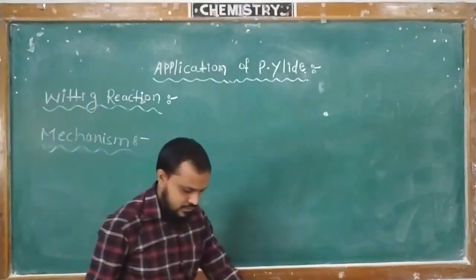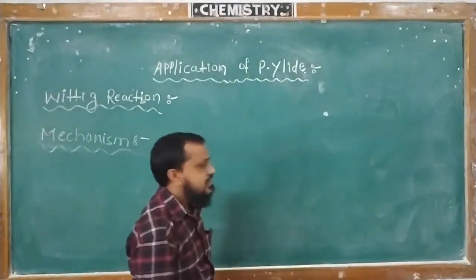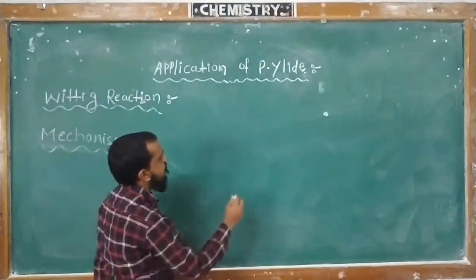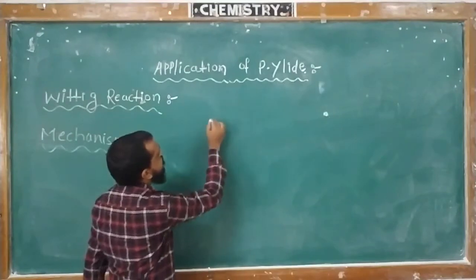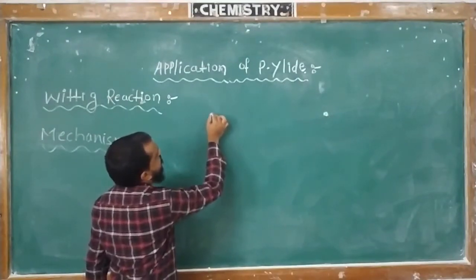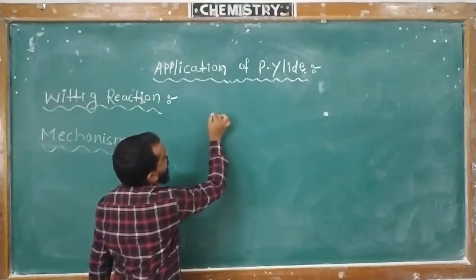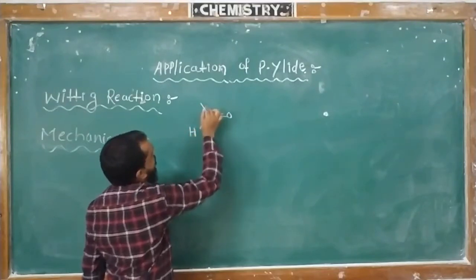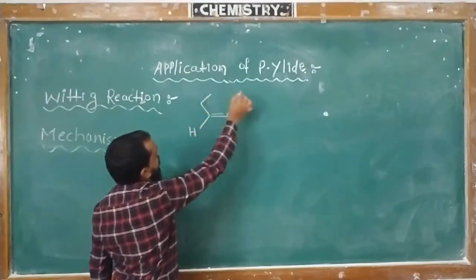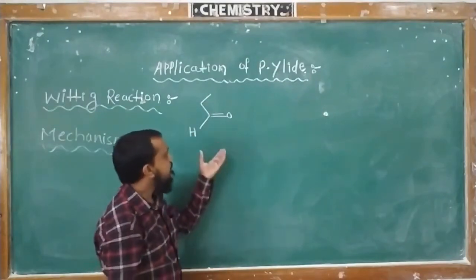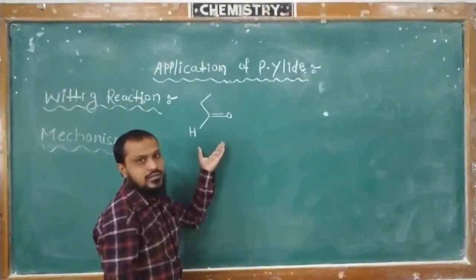Mechanism. Now I have written here the general representation of the Wittig reaction. This is the aldehyde.